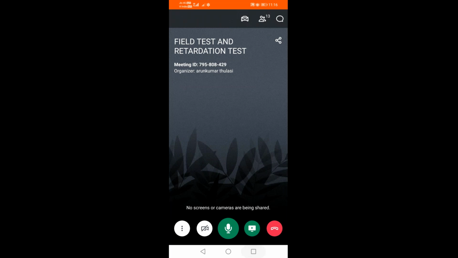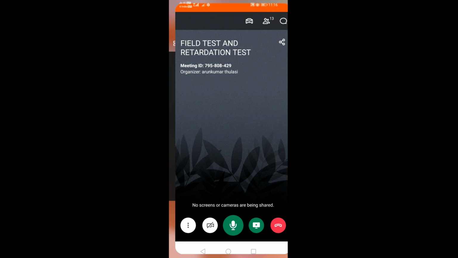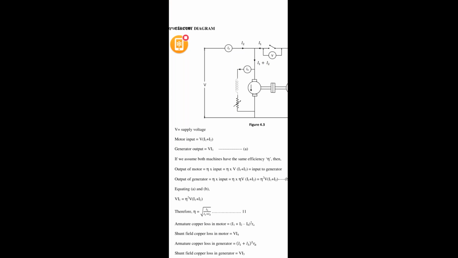Now the output of motor is mechanical energy, so mechanical energy is equal to efficiency into electrical energy.